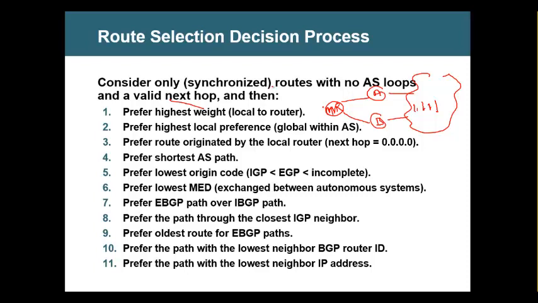Fine, then it is going to pick one, either B or C, as a gateway to reach 1.1.1.1. Based on what? Based on the weightage, if set. By default, the weight for a neighbor is 0. The MR router has got 0 weightage to A and B. That's the default weight.